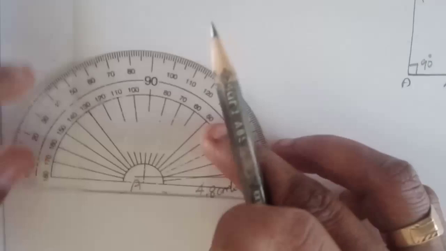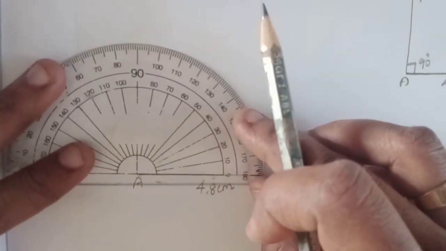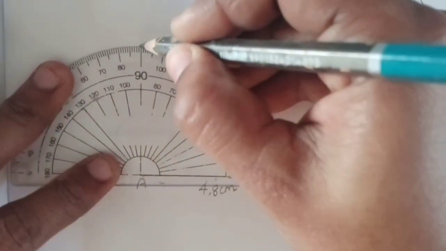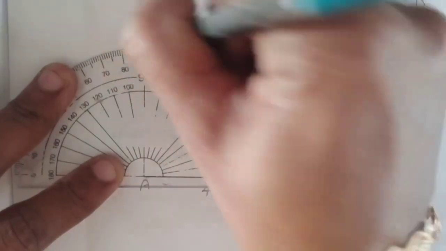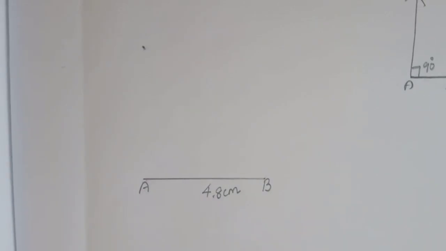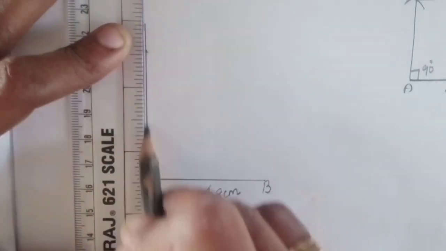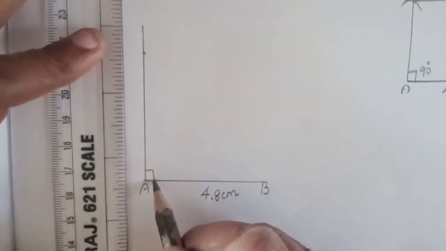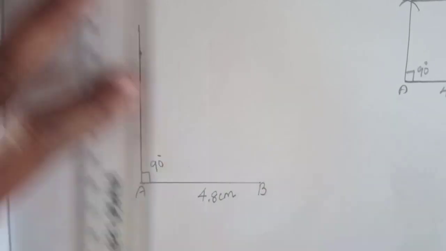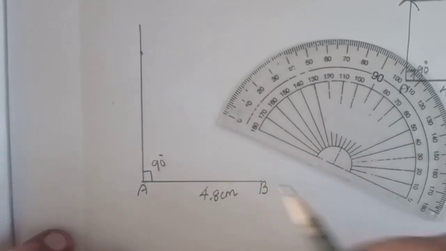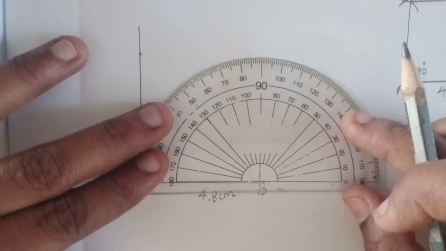At A, measure angle 90 degree. Then at B, measure angle 90 degree.